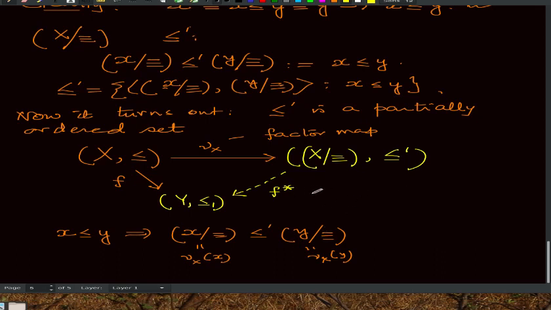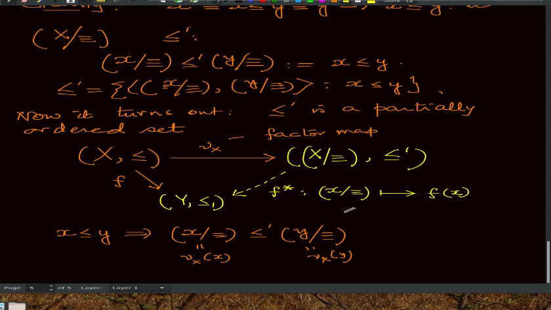And what will this do? Well, that has only one way to do it. Just think a little bit. This has to take it to f of x.